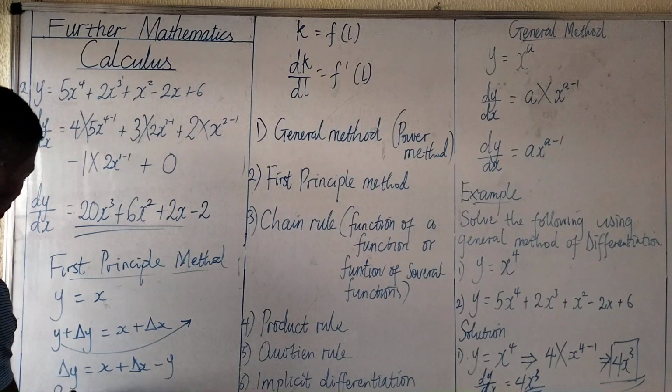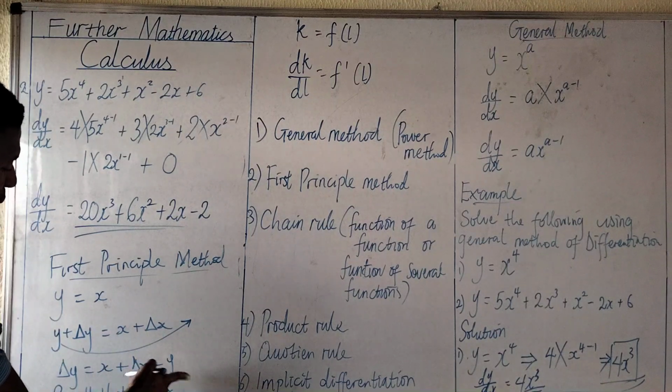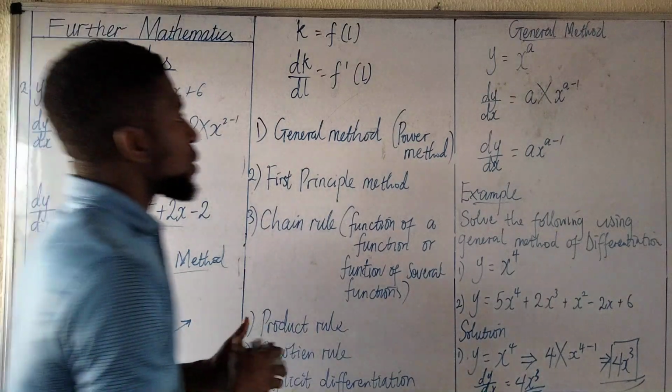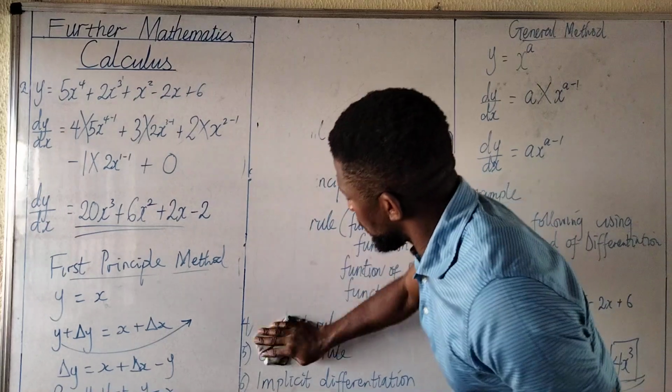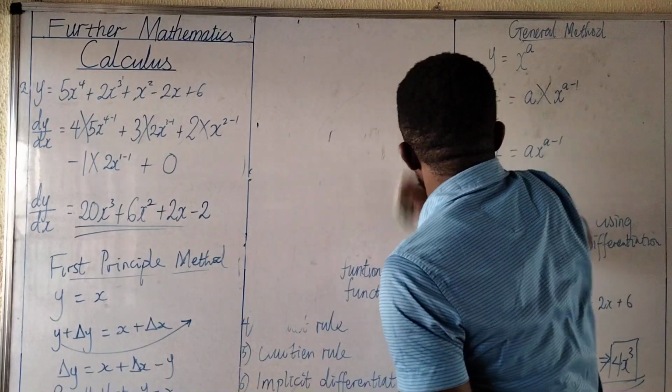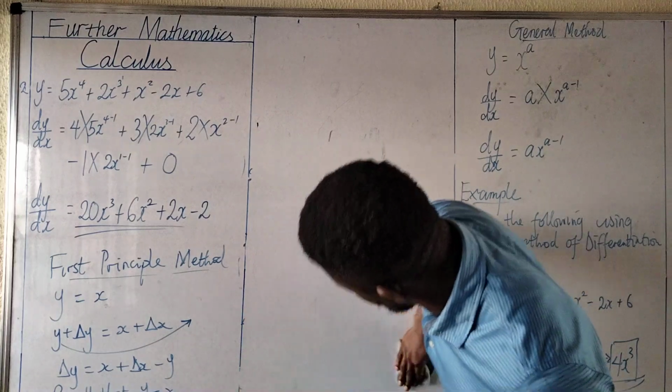Recall that y here is equal to x. So any place we see this y, remove it and put x. Alright, we continue from this part of the board to finish up the work on the first principle method of differentiation.